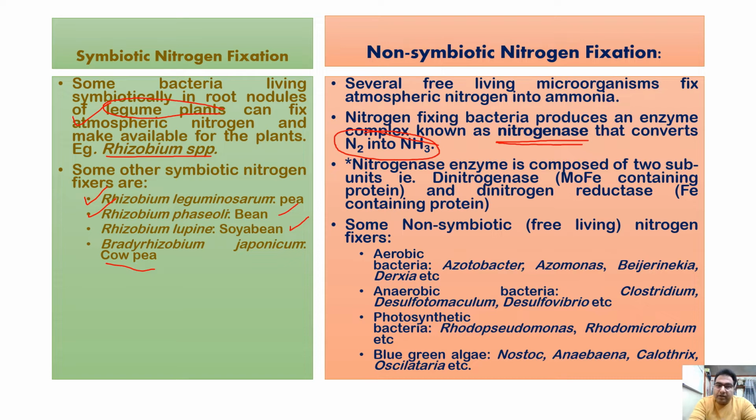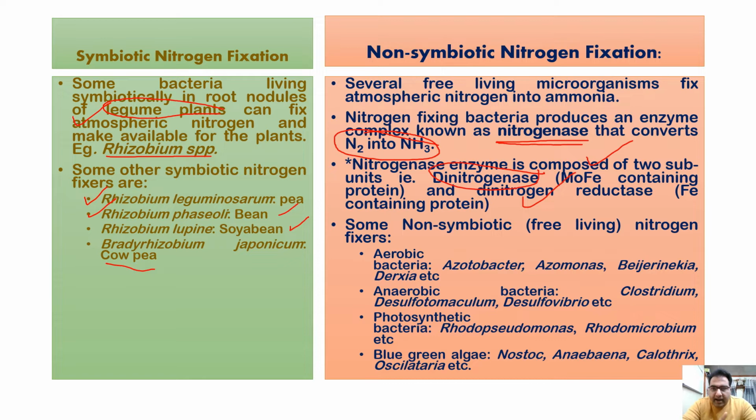So it is the conversion of nitrogen into the form which is easily taken up by the plants, and that is ammonia. When we try to know further, this nitrogenase enzyme is composed of two subunits: dinitrogenase, which is the MoFe protein, that is molybdenum iron containing protein, and dinitrogenase reductase, that is iron containing protein.